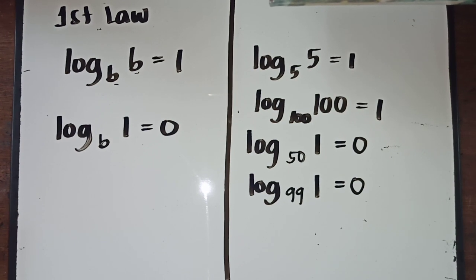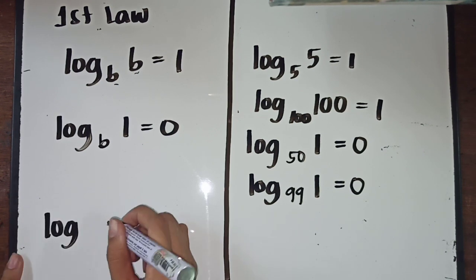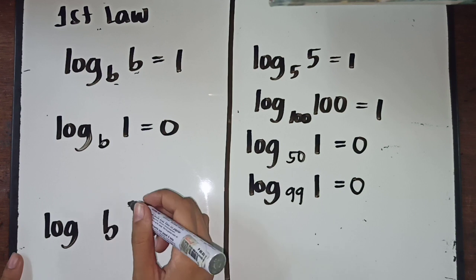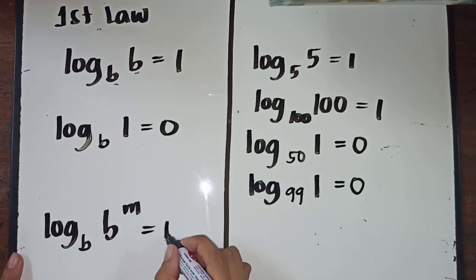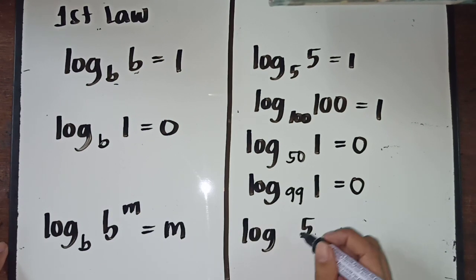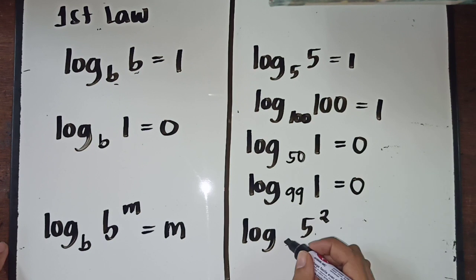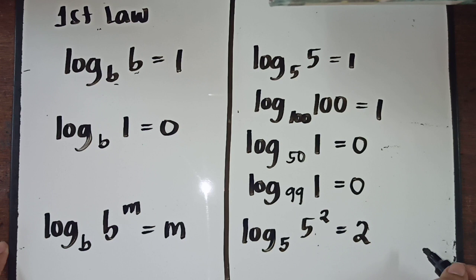Okay, so the third one is if we have a logarithm of b raised to m to the base b, so the answer is m. So kung meron akong logarithm of 5 squared to the base 5, the answer is 2. Okay?